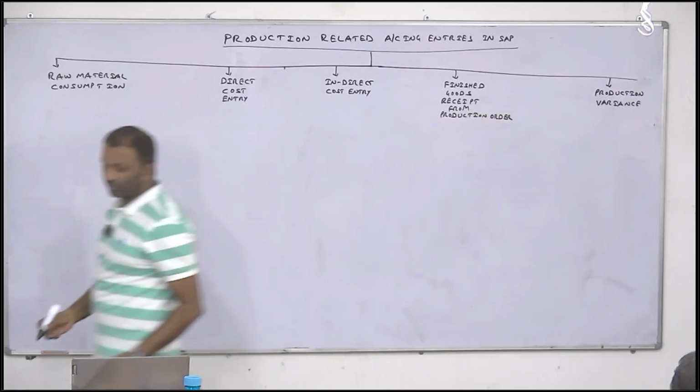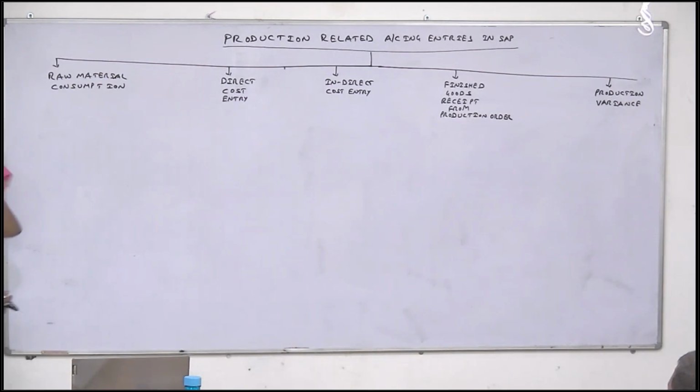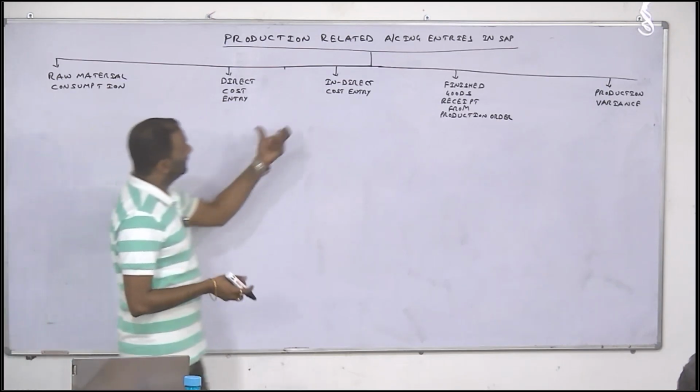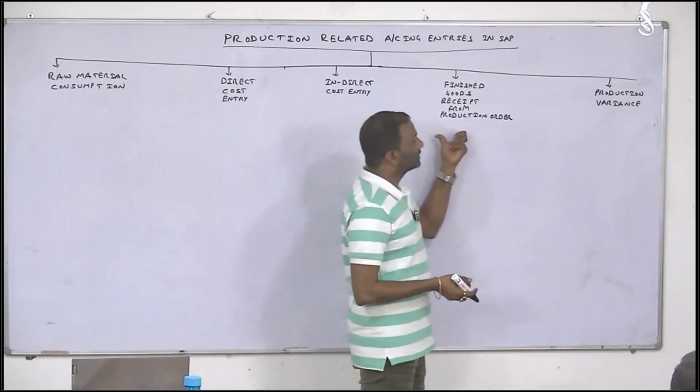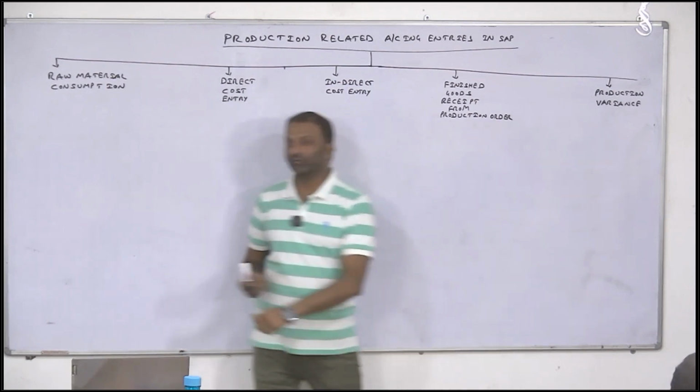So we can divide this into 5 entries. What are those? Raw material consumption, direct cost entry, indirect cost entry, production, and under production variance.